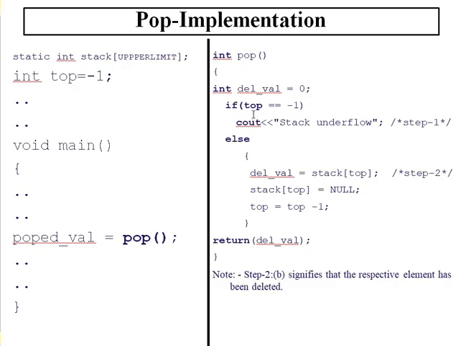How can we do that? We can check whether the value of top is equal to -1 or not. If the top variable is equal to -1, that means there is no value inside the array. The stack is empty, so we should report the stack underflow message.